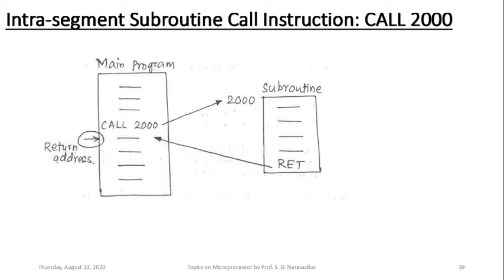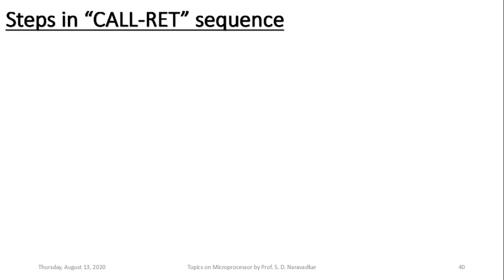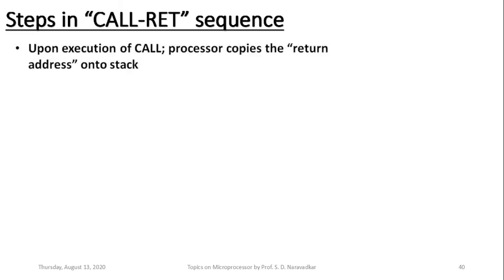Let us see those steps in a brief manner, one by one. So here are the steps in the call and return sequence. Upon execution of a call instruction, the processor copies the return address onto the stack. The return address is nothing but the address immediately after that call instruction within the main program. So this particular step has been written here.